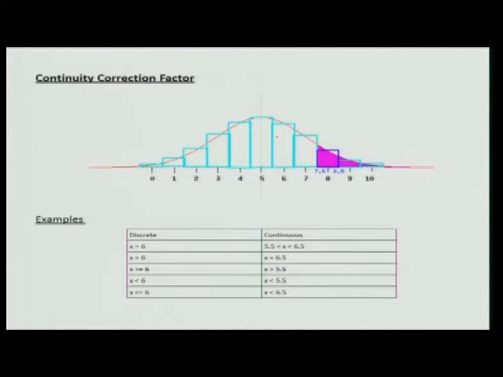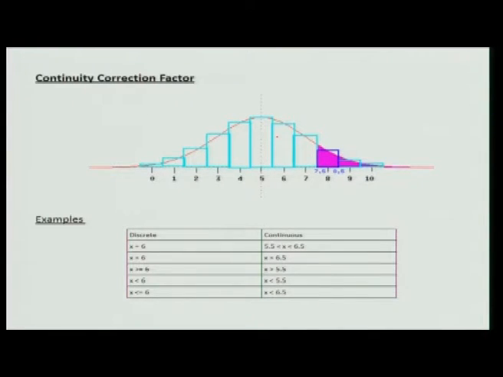So, the continuity factor that you require for the probability of x equal to 6 is that x must vary between 5.5 and 6.5. This is because the discrete situation is now being approximated by a continuous situation.